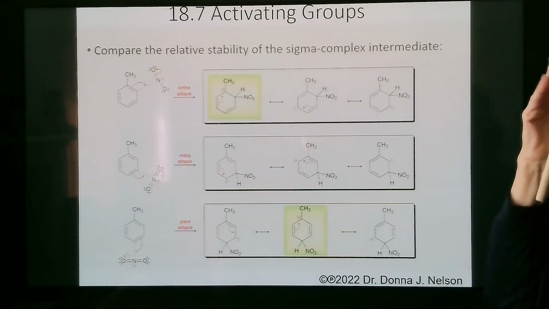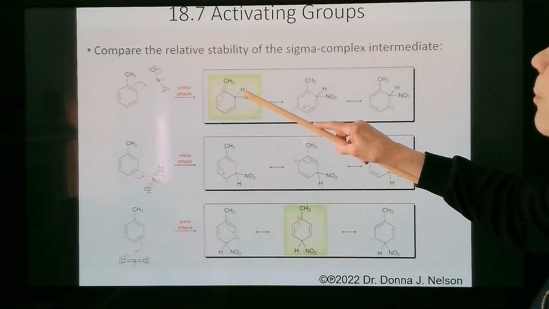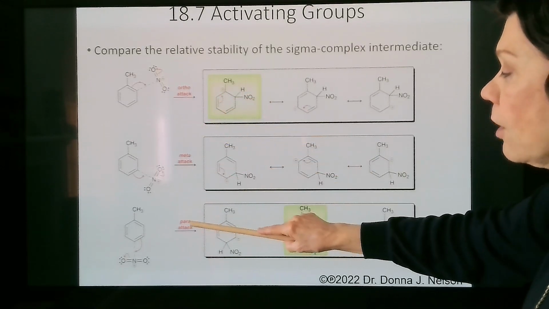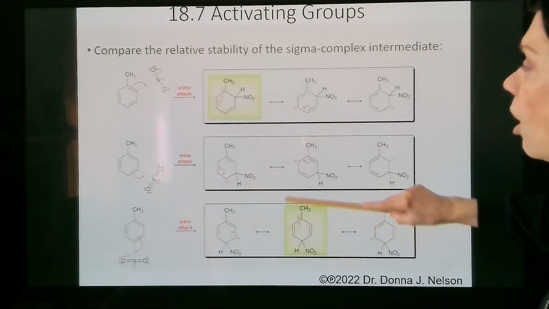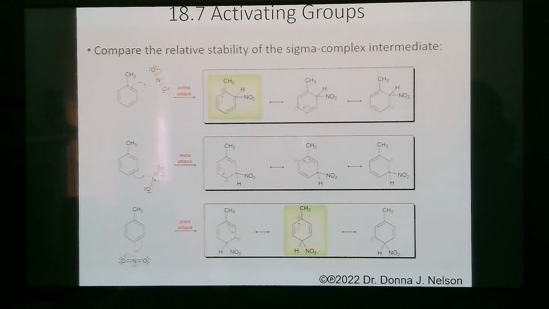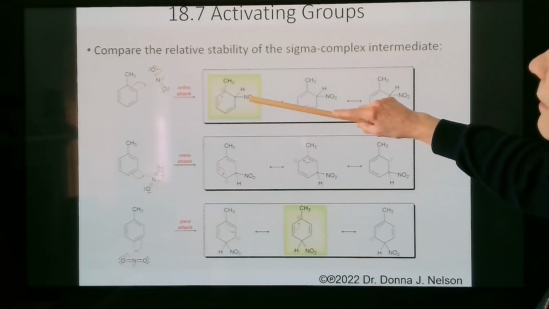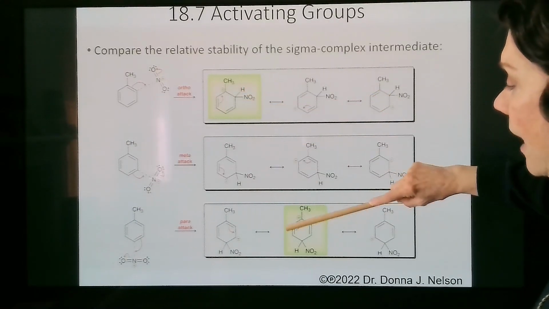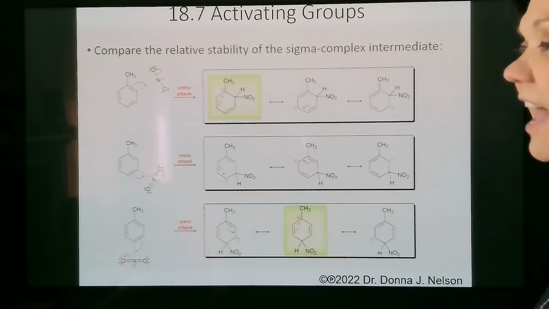So it's possible when you have the product of ortho attack or para attack. And so these are very stable resonance structures. And that makes these two reactions more facile.